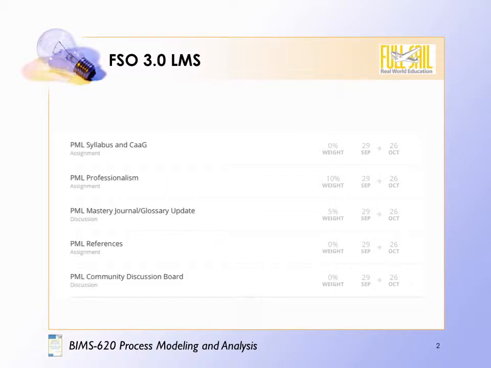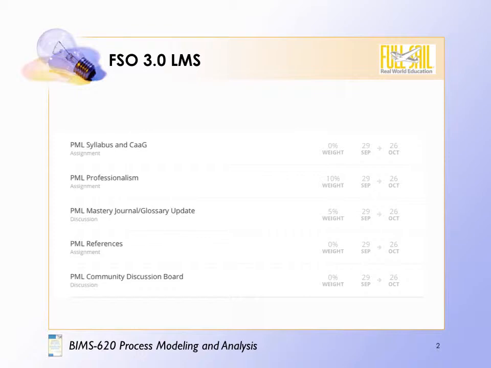By now you probably have visited the system already, and at the top of the activity list, this is what you will see. We will go over each item briefly. You're probably very familiar with the system already. The top items would be syllabus and course at a glance, professionalism, which adheres to the Full Sail University GPS system.